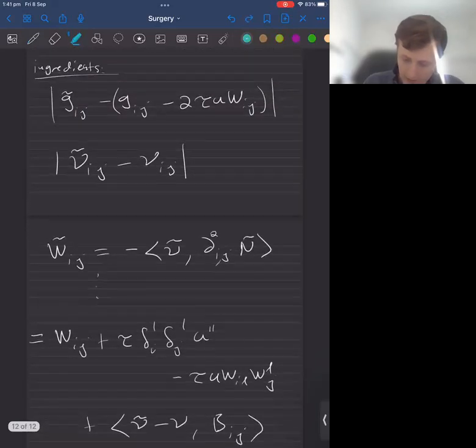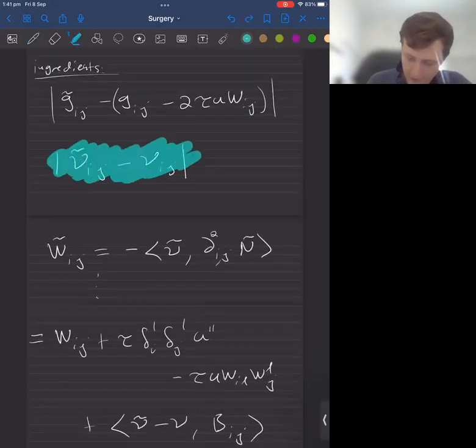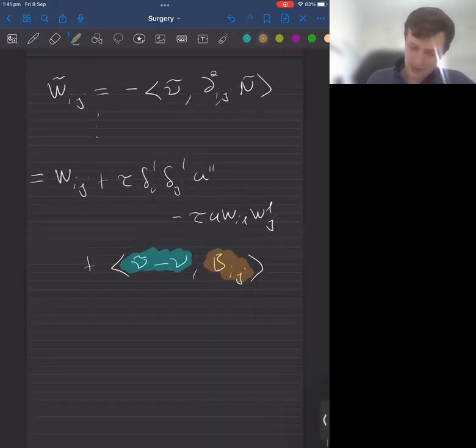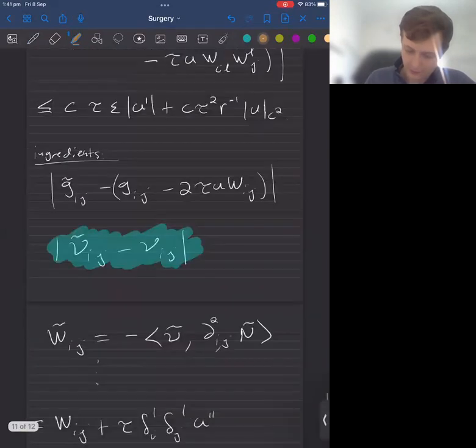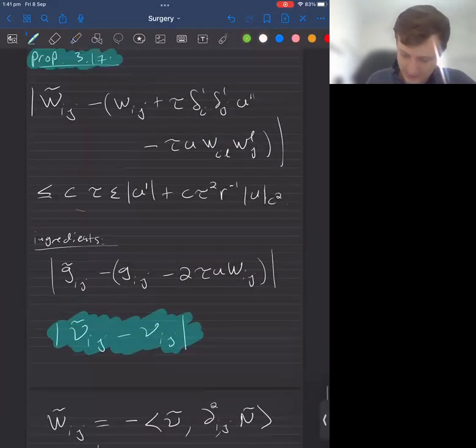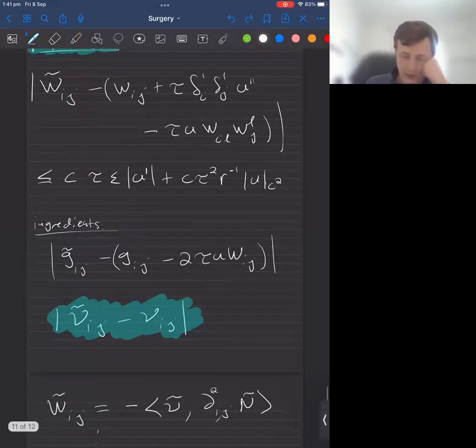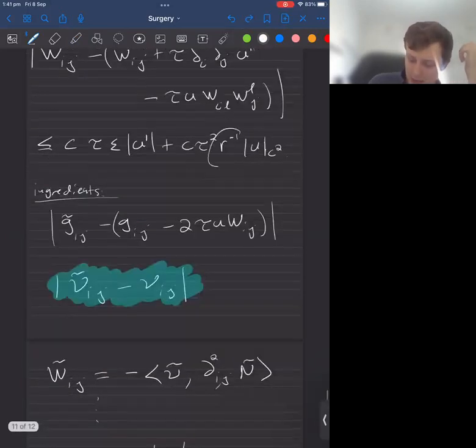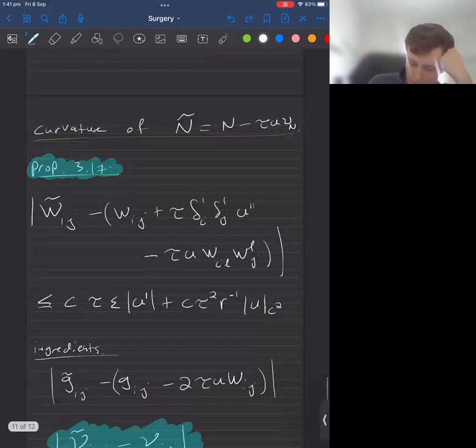Once we control, say, the difference of the normals, we can control this. And then you have to trust me that you can also control this. You can do this in a precise enough way to get this bound with this explicit dependence on tau, which is important. Okay, and you're explicitly using the condition that the second fundamental form is close to that of a cylinder. And that's why the R is showing up as well.